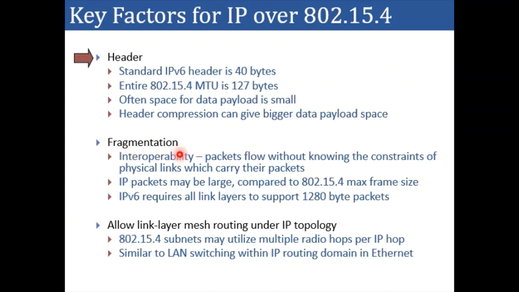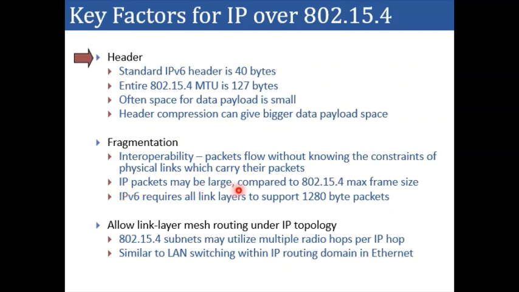Second is fragmentation. Fragmentation is required because we have to ensure interoperability. That means the application data which flows from the transport to IP and then the data link layer will not be able to differentiate whether the data is going via 802.15.4 or non-802.15.4 layers.